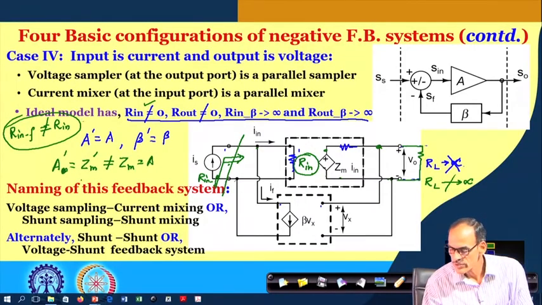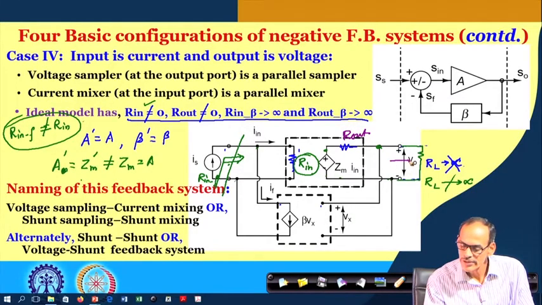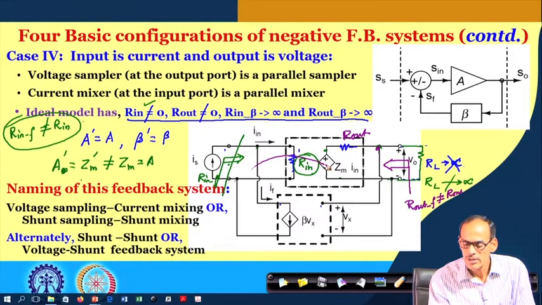Likewise, when we consider this R out, and if I look into this circuit and want to know the corresponding R out of the feedback system, I call it R out underscore F. This is not the same as R out, because we have a parallel connection here which generates an internal signal, making some internal voltage there.